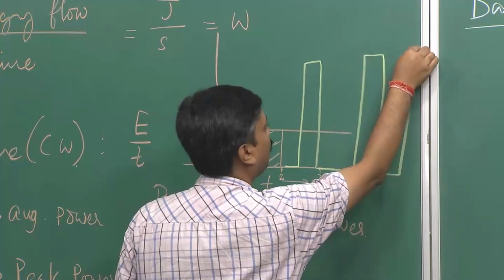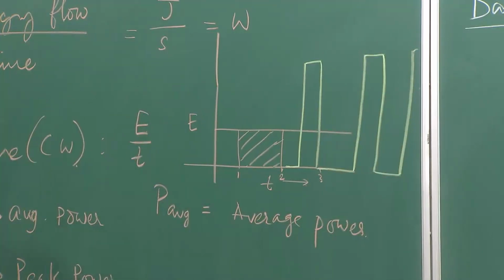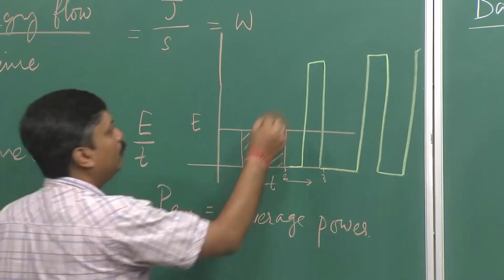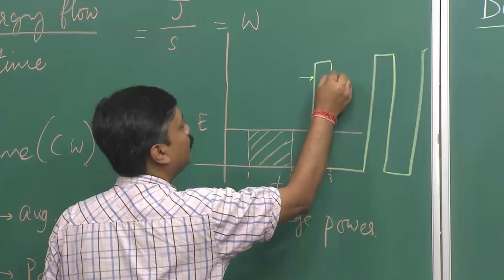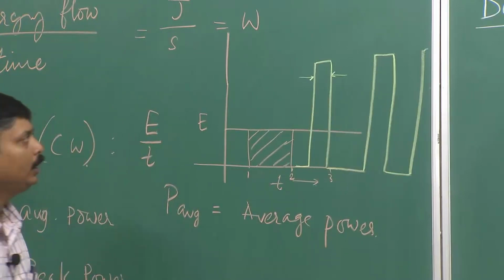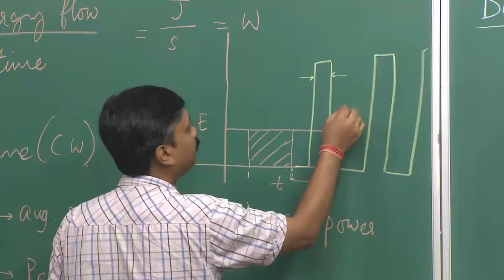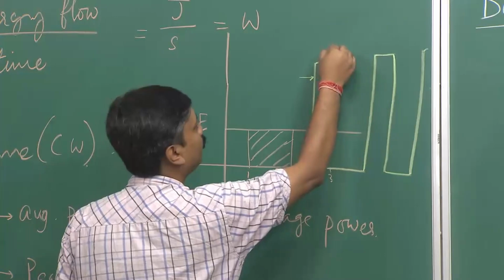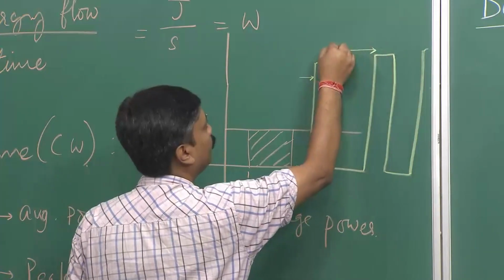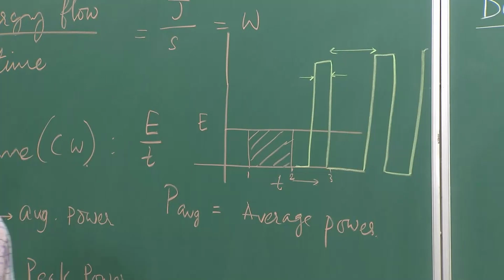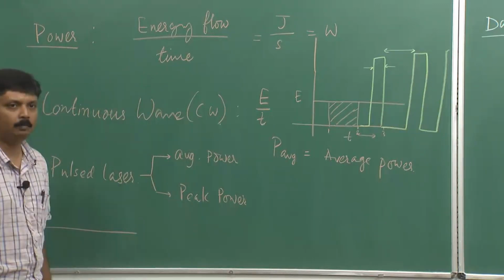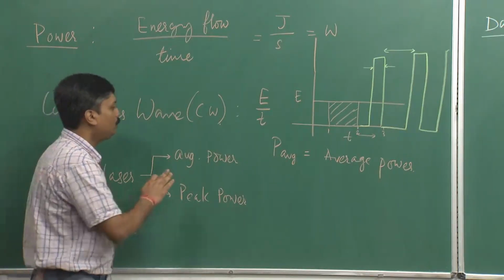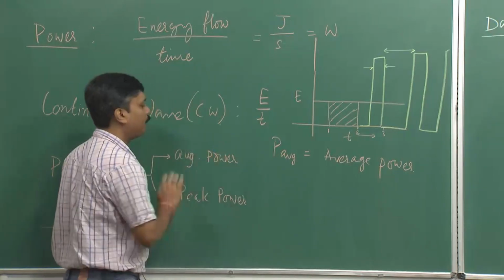In this way it will keep going, and for this amount of time the light is on, and this amount of time, this one, this is off. For this particular type of laser, we have to define what is average power and what is peak power. So, let us first look at what is average power.